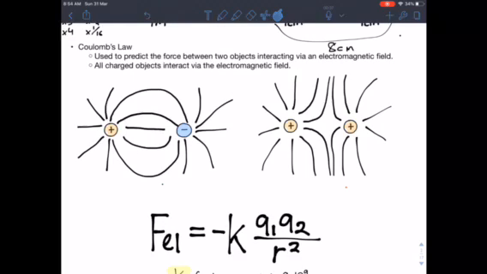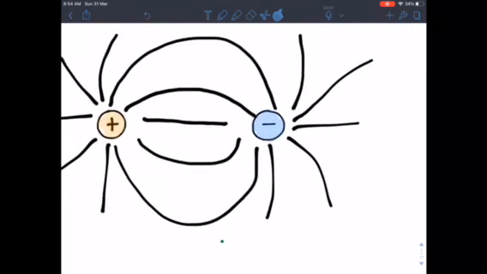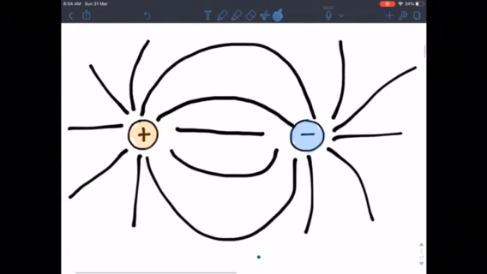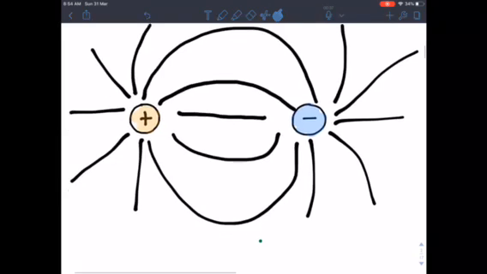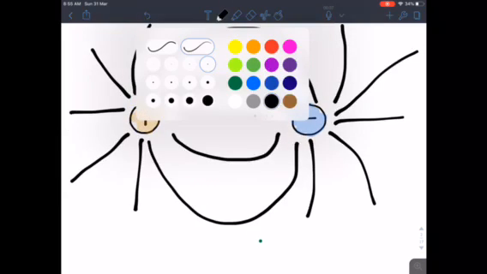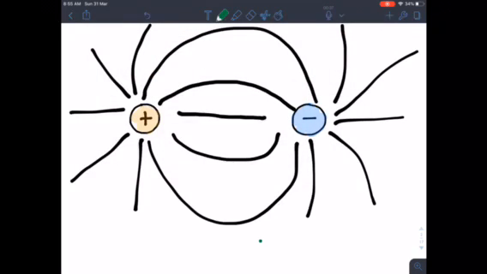Coulomb's law is an equation used to predict the force between two objects that are interacting via an electromagnetic field. Here's a picture of an electromagnetic field. You can't actually see electromagnetic fields, but this is how we sort of draw them to represent what's going on. This electromagnetic field between a proton and an electron represents an attraction.